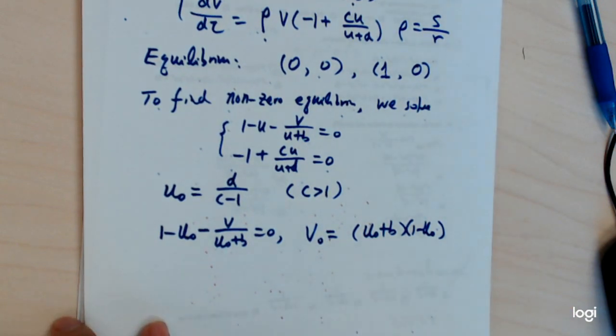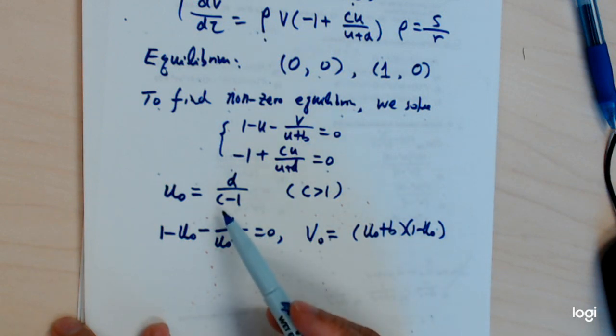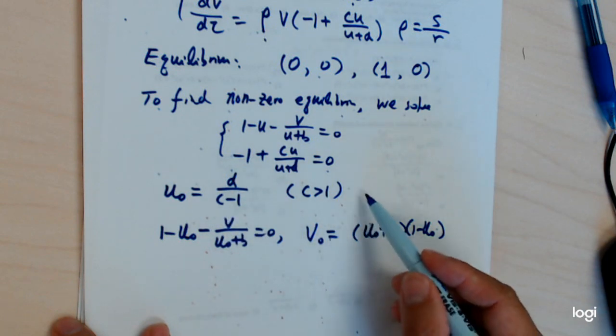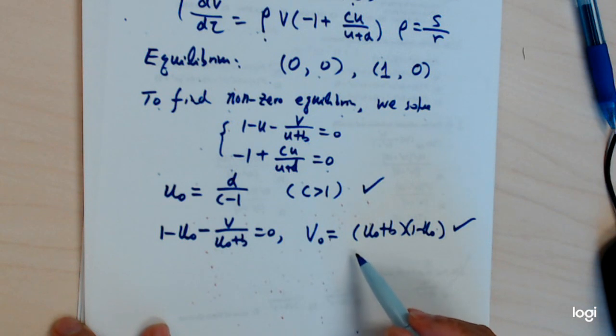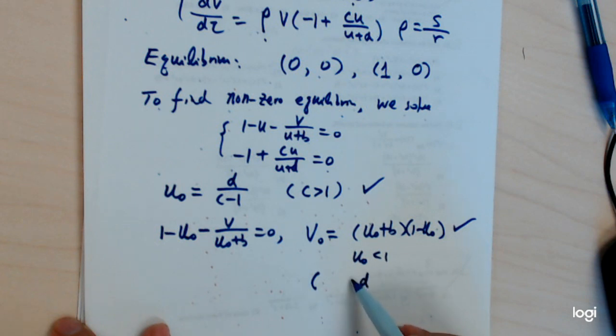So to make V naught another positive equilibrium, obviously here we're talking about practical cases, so we don't care about the case when they are negative. So I need those two to both be positive. From this one, I need U naught to be less than 1. That gives me a further requirement on the parameter, that is D between 0 and C minus 1.